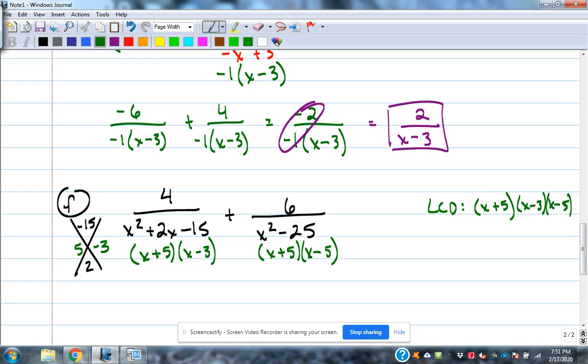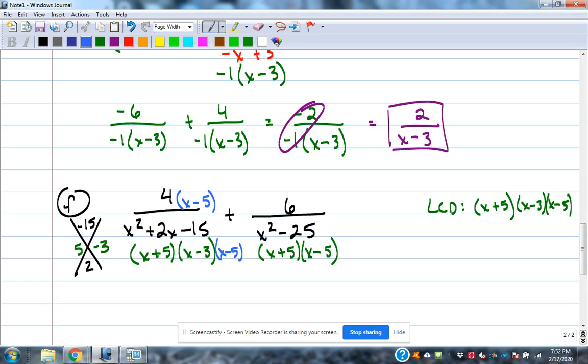The first fraction has x plus 5 and x minus 3. What does it not have? X minus 5. That's the one that's missing. So that's what I got to multiply that first one by, x minus 5 on top and bottom. What's the second fraction missing? It's got x plus 5. It's got x minus 5. It needs an x minus 3.